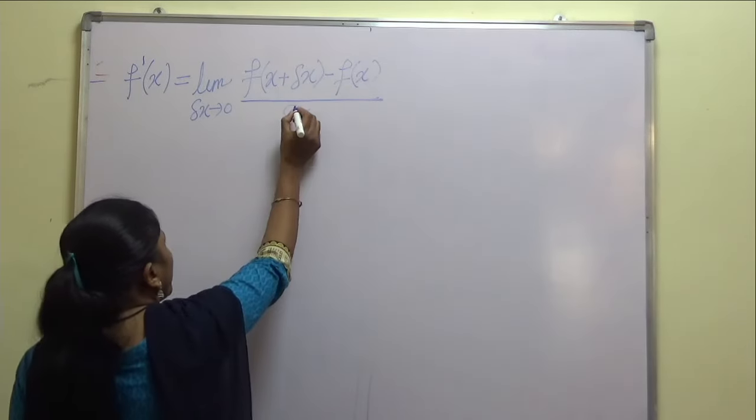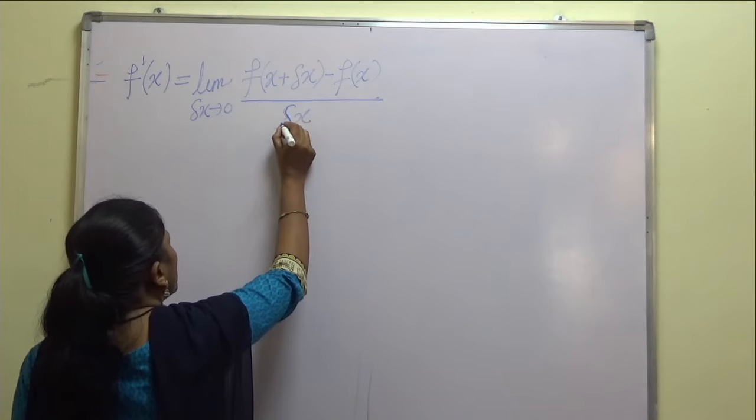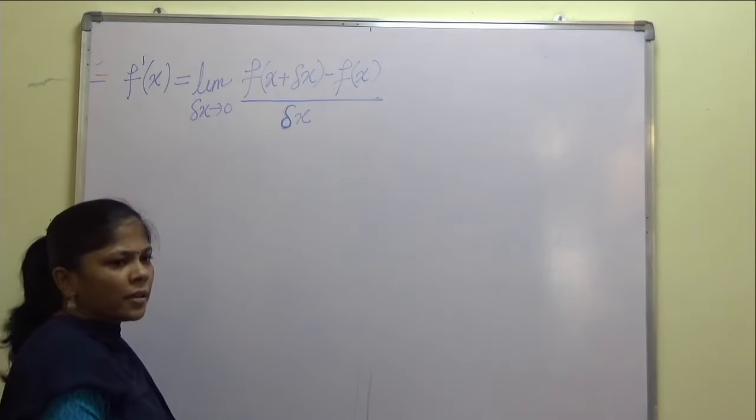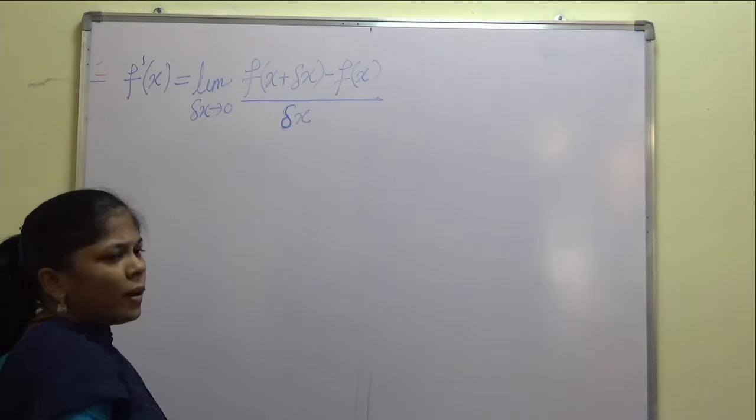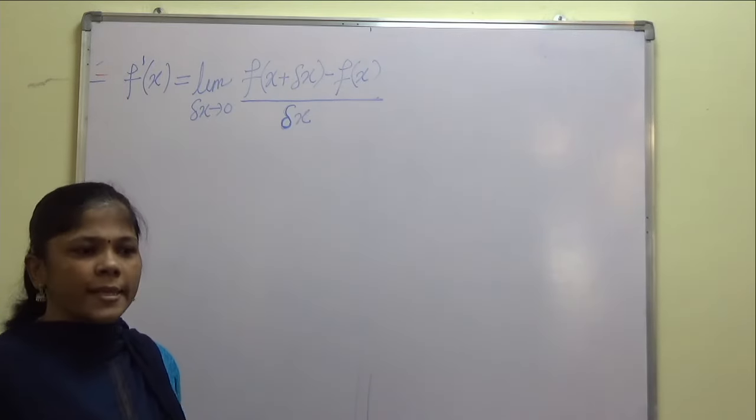So when delta x tends to 0, we have the derivative of function of x.